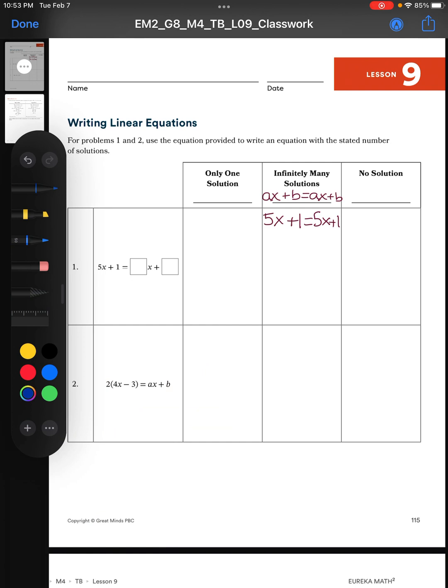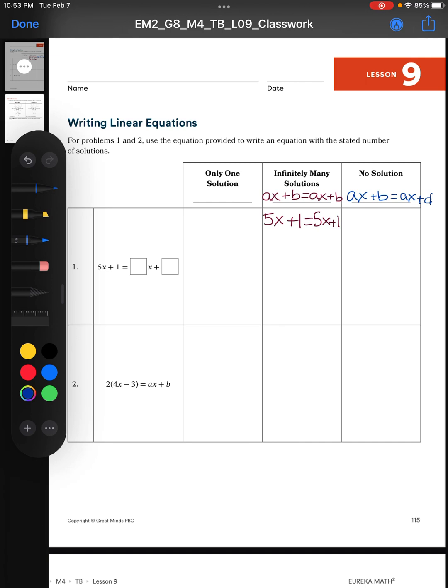All right. So how do we represent that algebraically? Well, that looks like ax plus b. We have our coefficient, our variable x, plus a number b, equals that same coefficient and that same variable, but instead of plus b, we have plus another number, some random d. So this is where we can make up a lot of different equations.